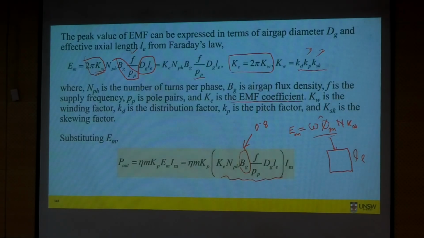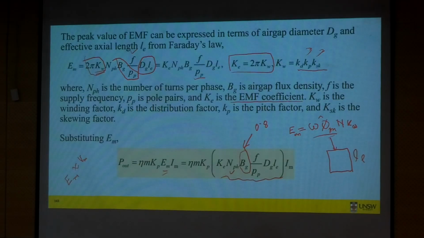And for the other things, the number of turns and the winding factor, I can calculate or determine them based on my requirement. In fact, if we know our rated voltage, we know what EM is going to be. EM will be approximately equal to the peak value of our rated voltage.